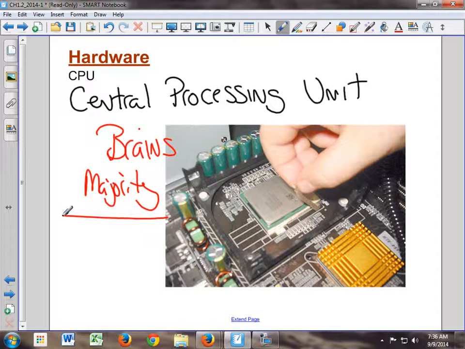A good video card has its own processor, its own memory, its own motherboard. Video cards, just like computers, do a whole lot of processing. They have their own memory, and their own heat sink to cool off the processor underneath. But most of the processing happens on the CPU.